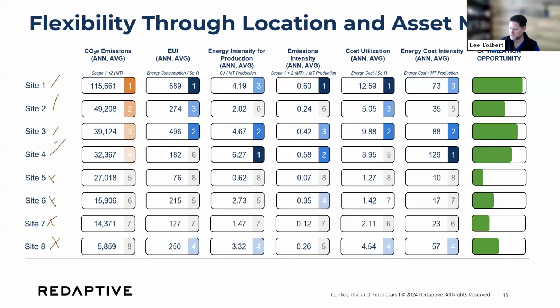What you're able to do with energy as a service is to actually tackle all of these at once. So instead of taking that one by one approach, you say, I'm going to use this project to offset this project. Because maybe what you have in site 5 in this example is a low opportunity for optimization, but maybe there's a safety issue there.